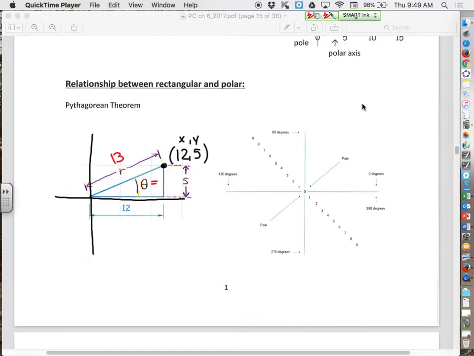And this angle measurement, I'd have to put this in my calculator, could do inverse tangent of 5 over 12. It's about 23 degrees. So my radius is 13 and my angle is 23. That's my r and my theta. So those 2 points land in that same position, but one's measured in rectangular form, the other one is in polar form.